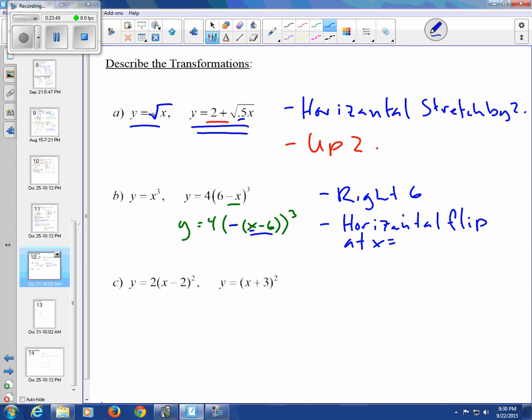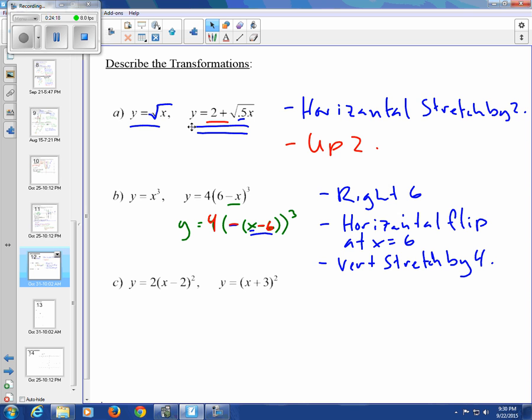At x equals 6. Now finally, we've got that multiplication of 4, and that's a vertical stretch by 4. And that's all the transformations we're seeing, right? Subtraction of 6, horizontal flip, and then the multiplication of 4 is a vertical stretch by 4.